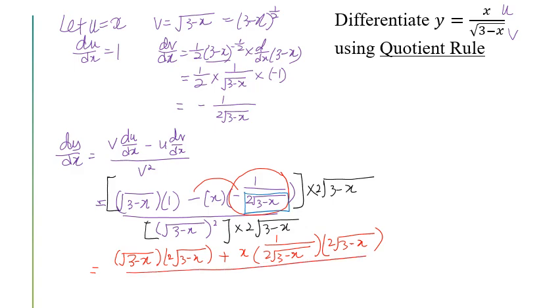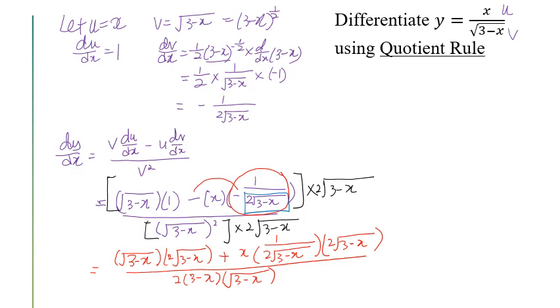All right, so the one below will give you v squared. When the square root is gone, so you have 2 bracket 3 minus x, and then square root 3 minus x. You can leave it like that.